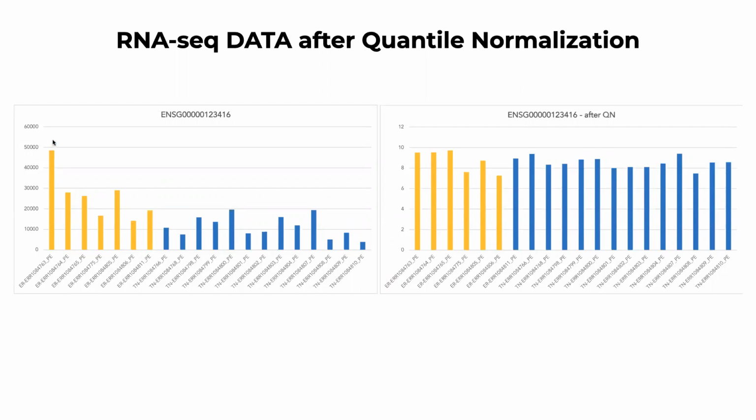So this is going to make it difficult to understand the level of expression for this condition. But here you can see the data much more comparable, and now you can actually study the difference between the conditions. In this case, there's no statistically significant difference between these two conditions, even though here you might have thought that there might be because of this sample and this sample right here.